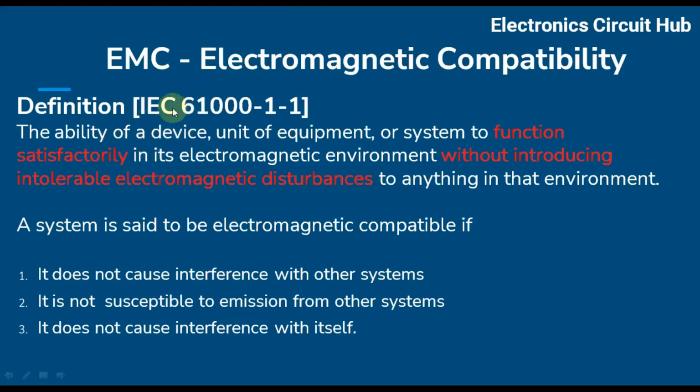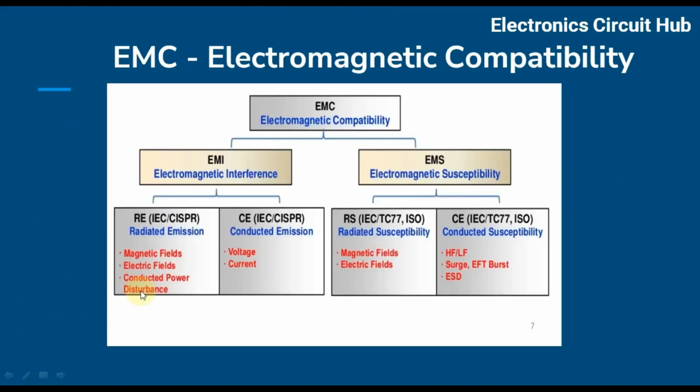You can follow this standard and find this definition, right? So a system is said to be electromagnetically compatible if it does not cause any interference with other systems, it is not susceptible to emissions from other systems, and it also does not cause interference with itself. This is given in the IEC standard. Let us move to the next slide.